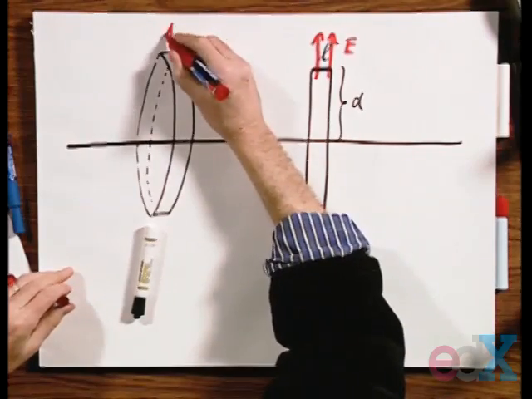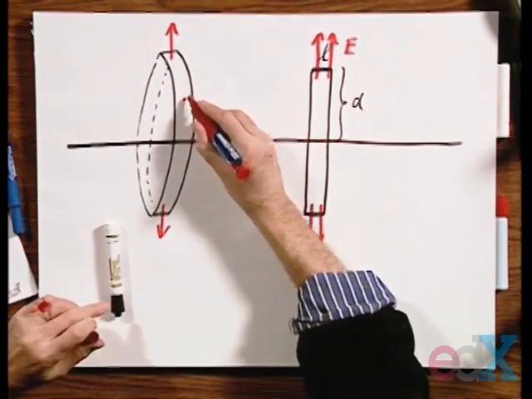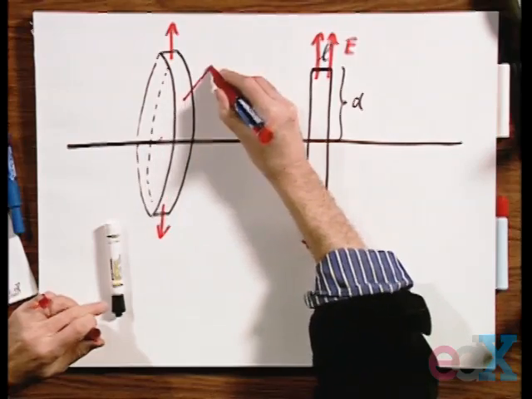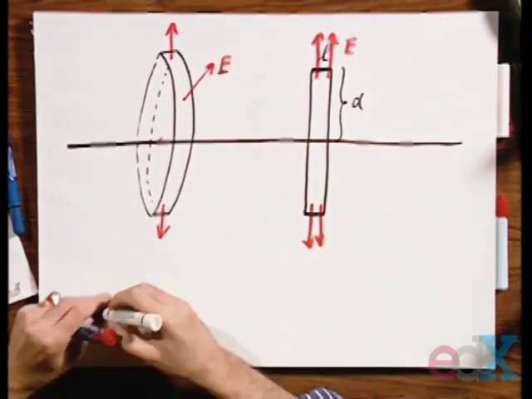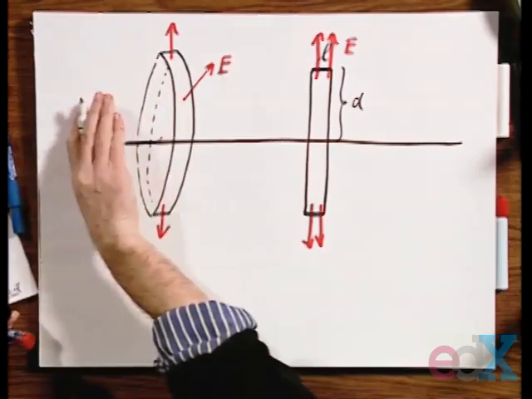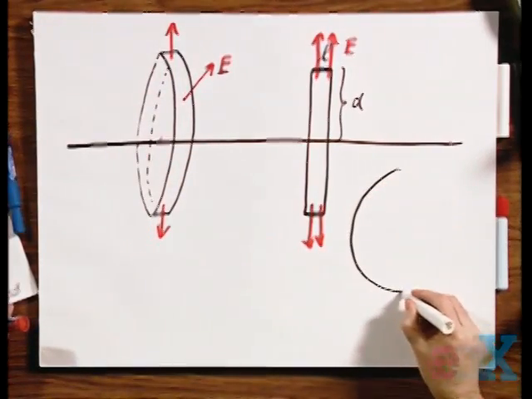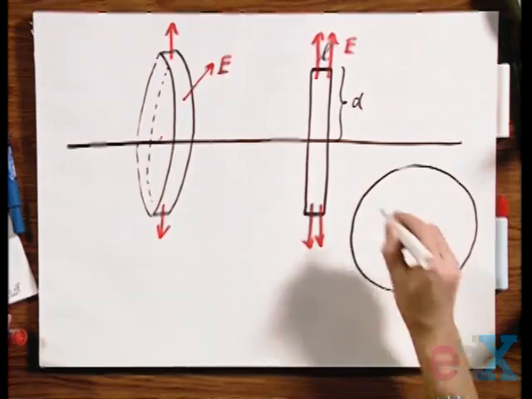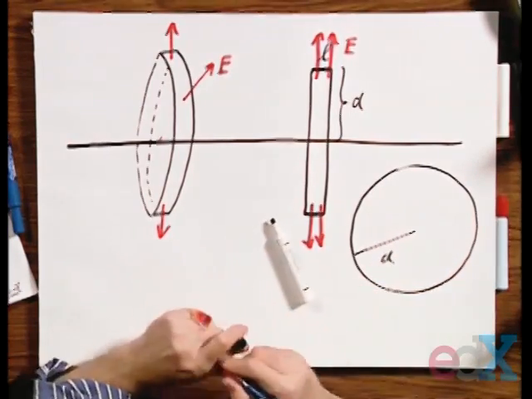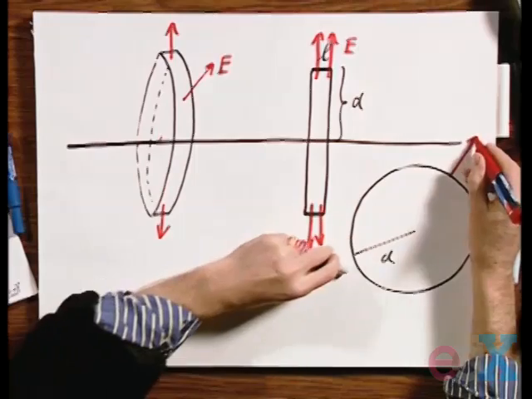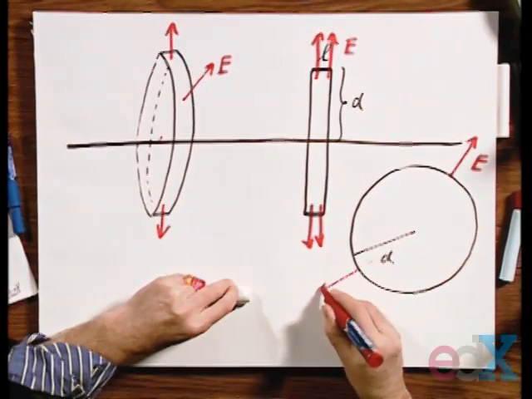The same here, but also on any surface element here, it must be pointing radially outwards. In other words, if I looked at this surface from this side, and if this were that surface, which then had a radius d, then everywhere at the surface, the E field must be pointing radially outwards for reasons of symmetry.